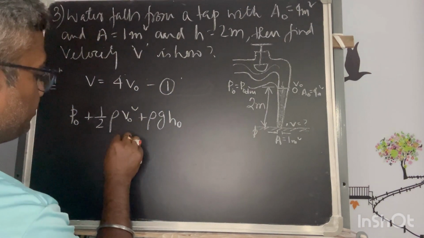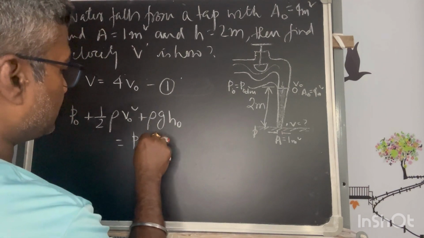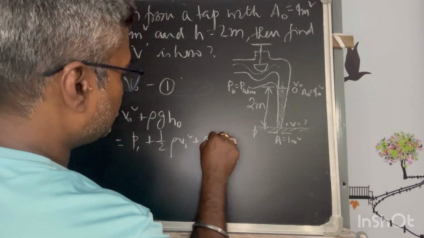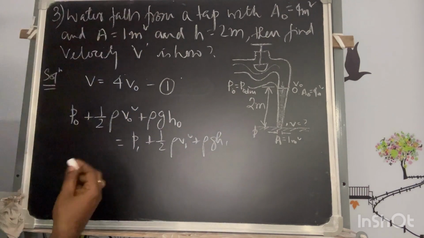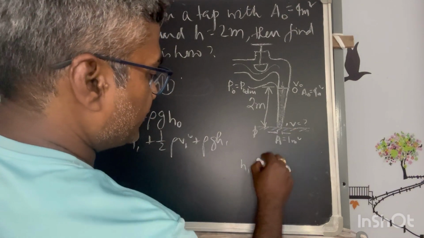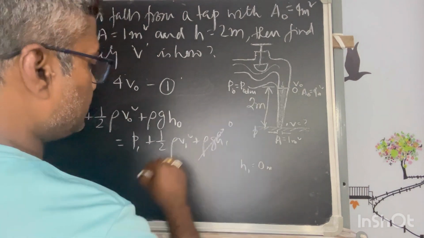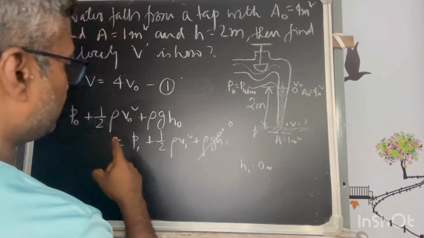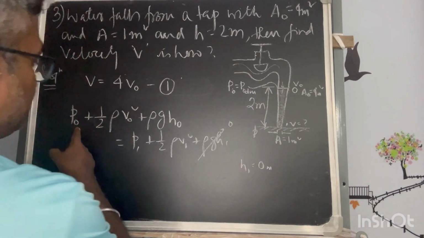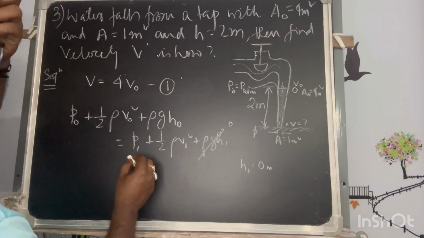Let me write the first equation, then we will put the values. Here it is equal to P1 plus half rho V1 square plus rho g H1. Now this H1 is on this side, so from the reference frame that value is 0. What is V1 we know, H0 is 2 meters we know, V0 we have to find, P is atmospheric pressure. What is P1 here?